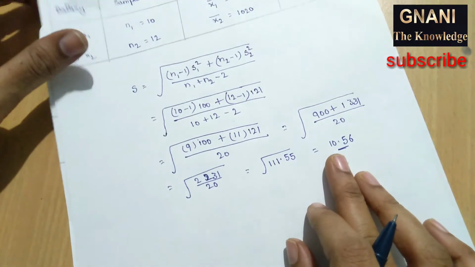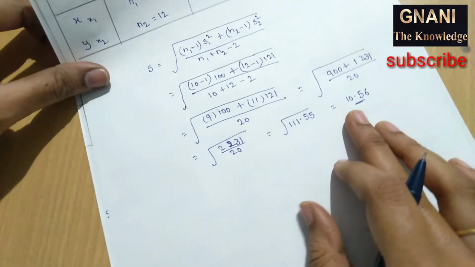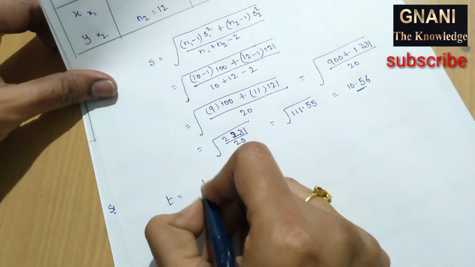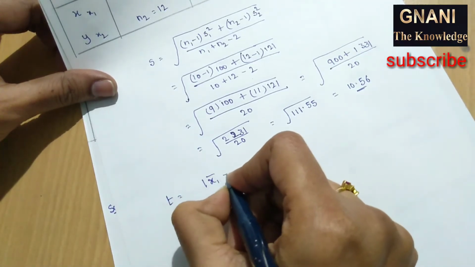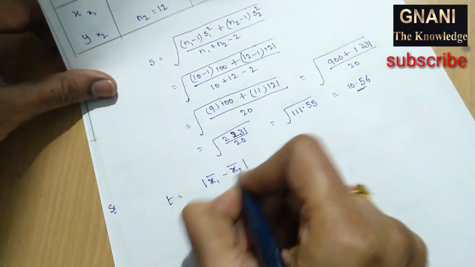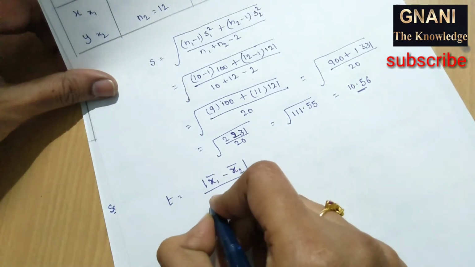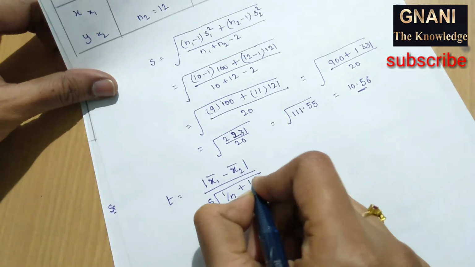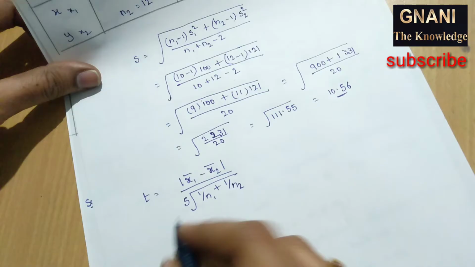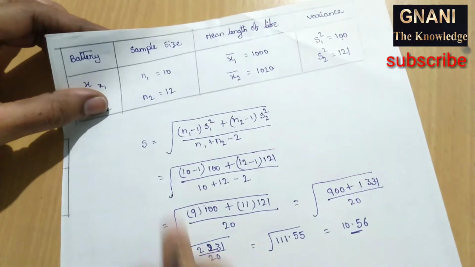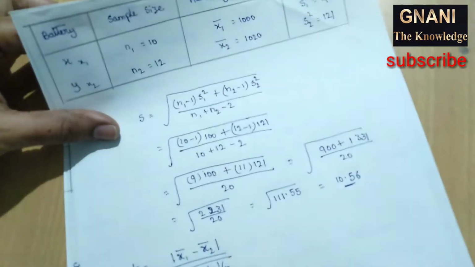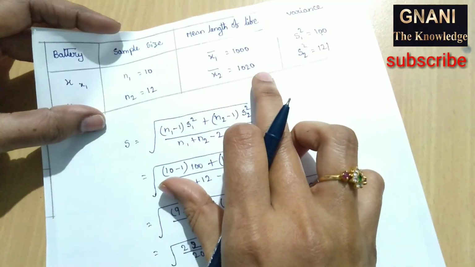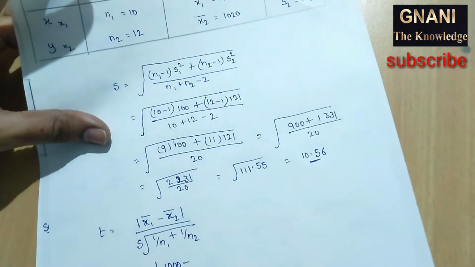Now we have to find out the t calculated value. The t statistic formula is modulus of x1 bar minus x2 bar, divided by s into square root of 1 by n1 plus 1 by n2. Here x1 bar equal to 1000 and x2 bar equal to 1020.